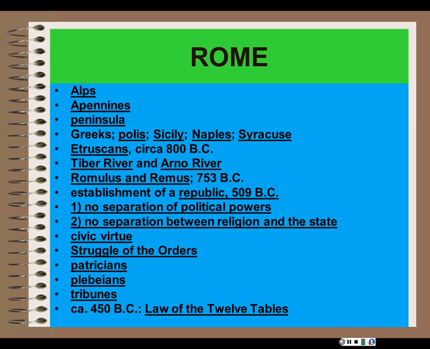So between about 494 and 287 BC, over a 100-year period, the plebeians held 5 general strikes to obtain their rights. That is, they literally withdrew from the city of Rome. And without the plebeians performing all of the labor for the city of Rome, and the plebeians were needed, by the way, for their military services, eventually the patricians had to give in.